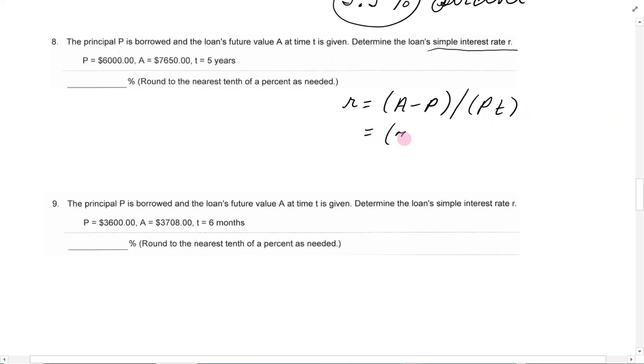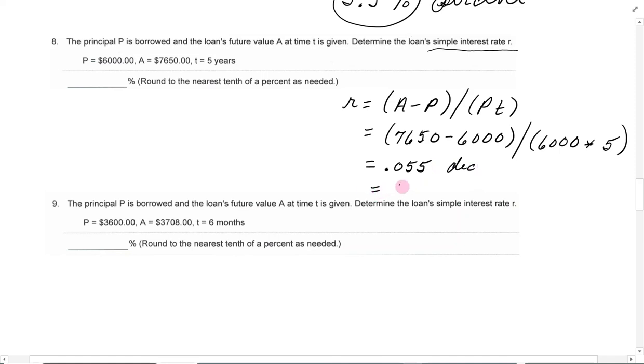So this is $7,650, that's A, minus 6,000, that's P, divided by (P, which is 6,000, times the time, which is 5 years). It just is a coincidence that you again get 0.055. That's your decimal, but you need to convert it to percent. It is 5.5%. And that's your answer.